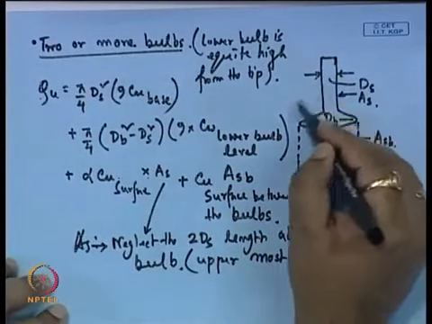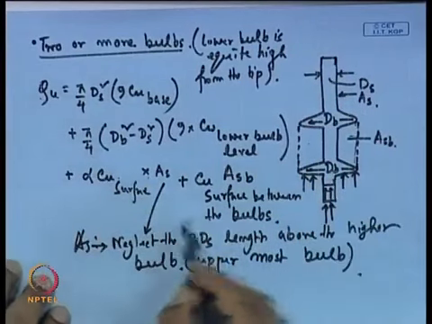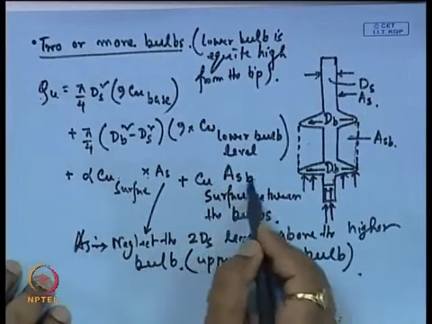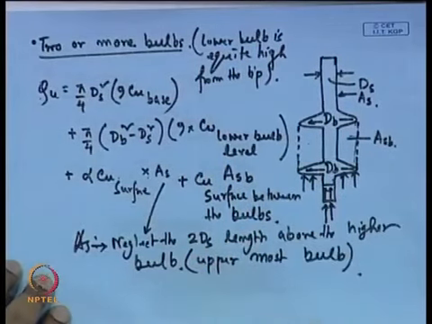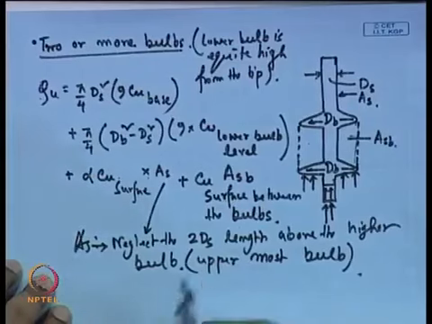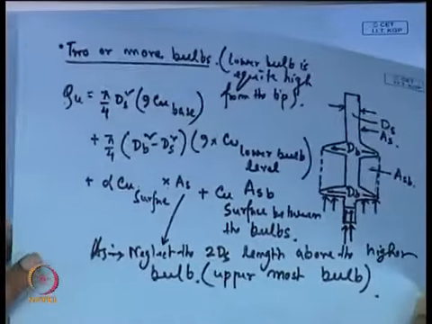So, if there are 3 bulbs, then also we will get the lower bulb and all the things. Then when we calculate the A_sb, we will get the cylinder between these 3 bulbs. So, in this way we can determine the load carrying capacity of the underream piles.